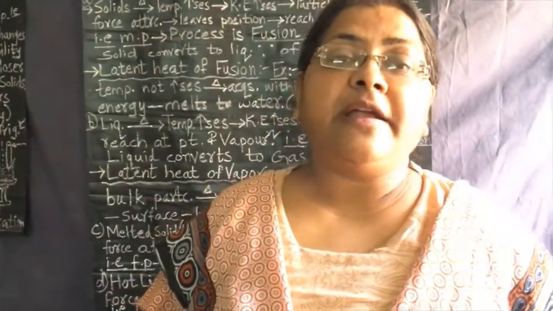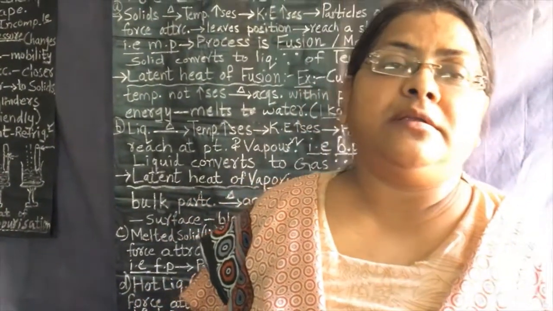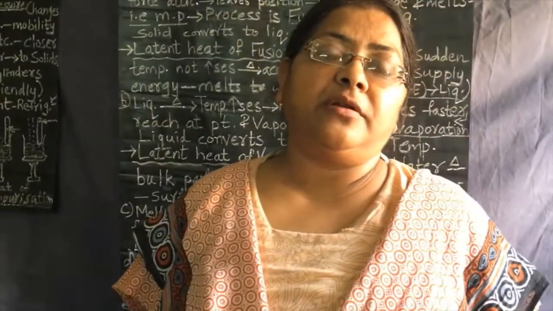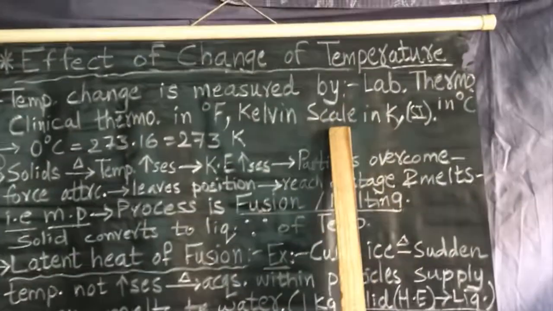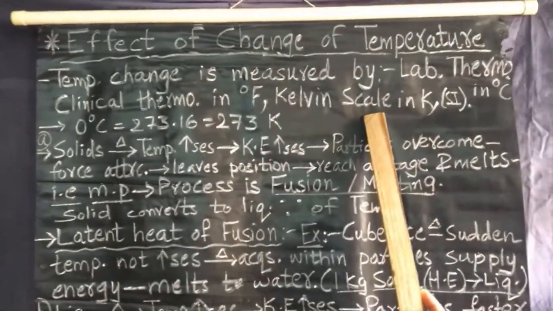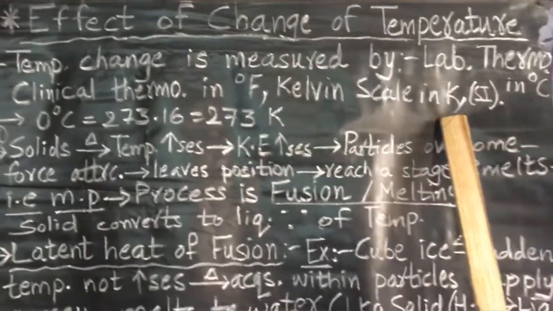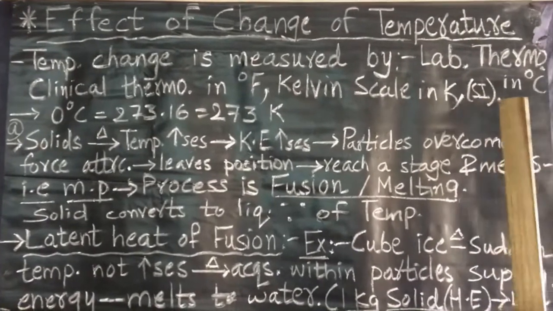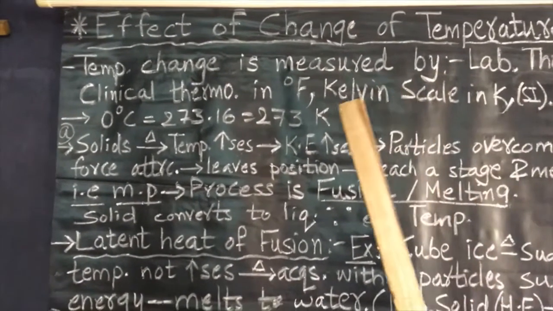But the scientist Kelvin made one standard thermometer scale, which is termed the Kelvin scale, and temperature change is measured in Kelvin, which is considered the standard SI unit, the International System Unit of Temperature.